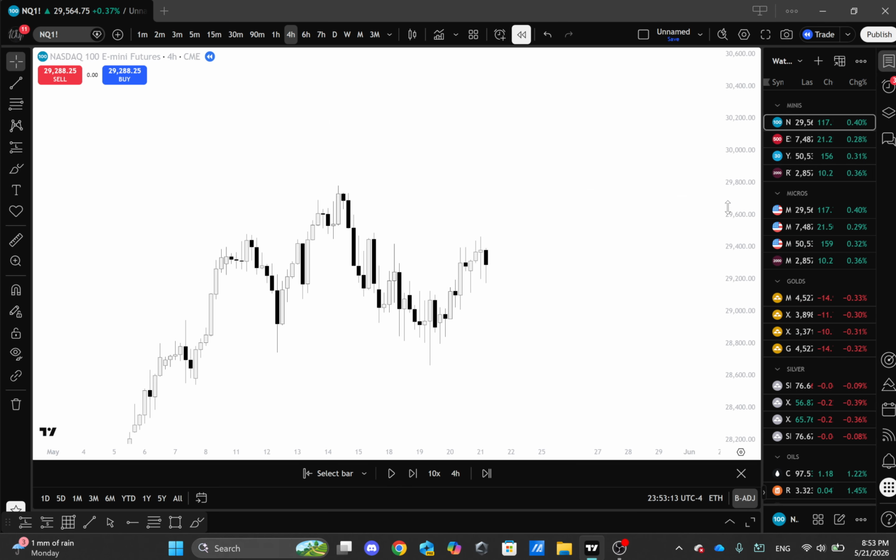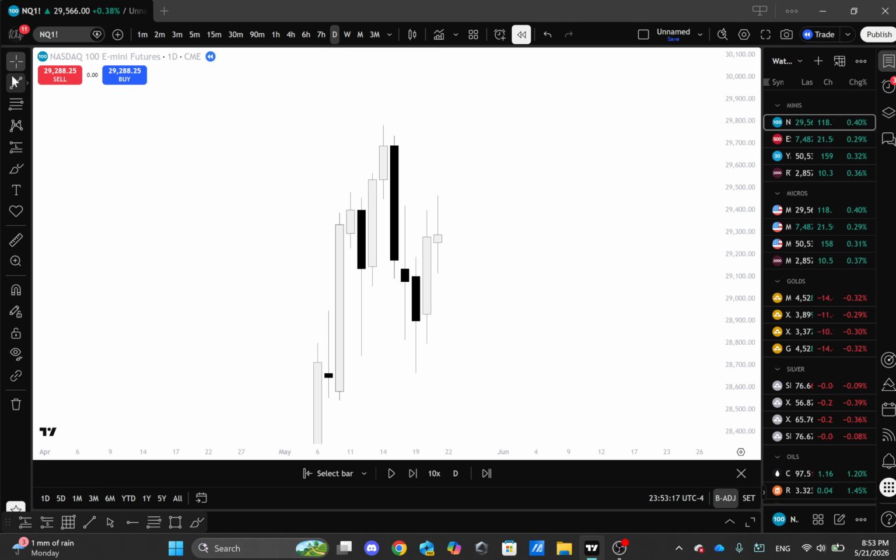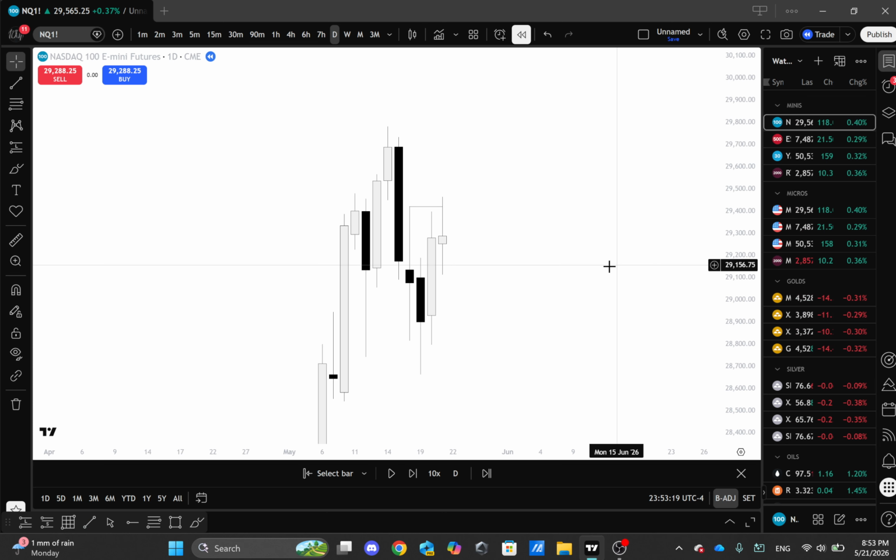And if we take a look at NQ, so at the time, NQ just took this high. So I was thinking that NQ can get some kind of move down lower because we have this gap and this daily swing high that we can potentially retrace off on the daily time frame.